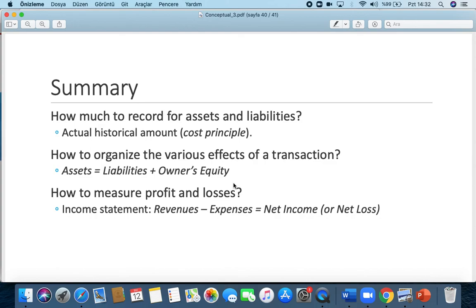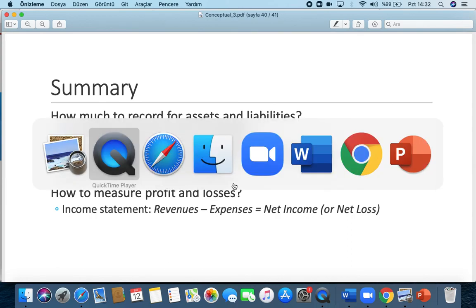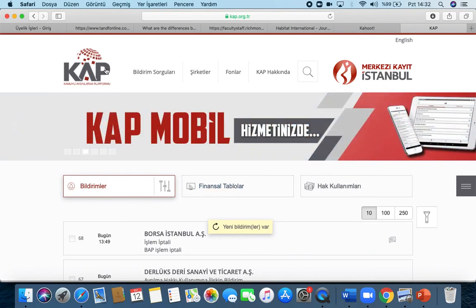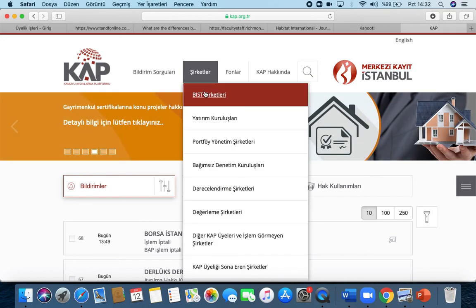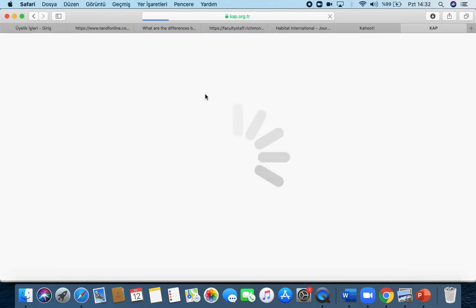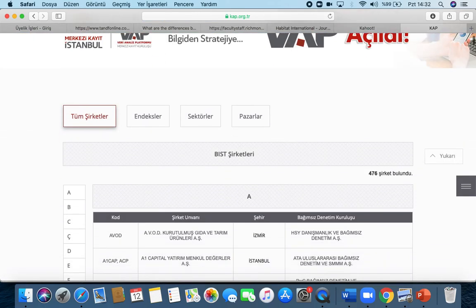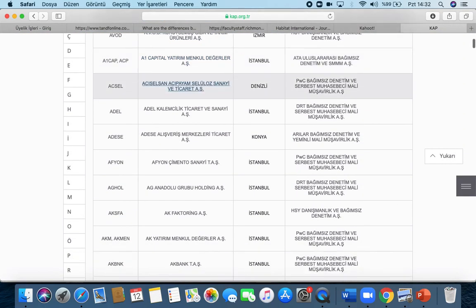Before finishing, let's jump to the public disclosure platform here. This is the platform where listed companies share their financial information for investors. I'm going to show you the financial statements. I'm going to try to find an international company.